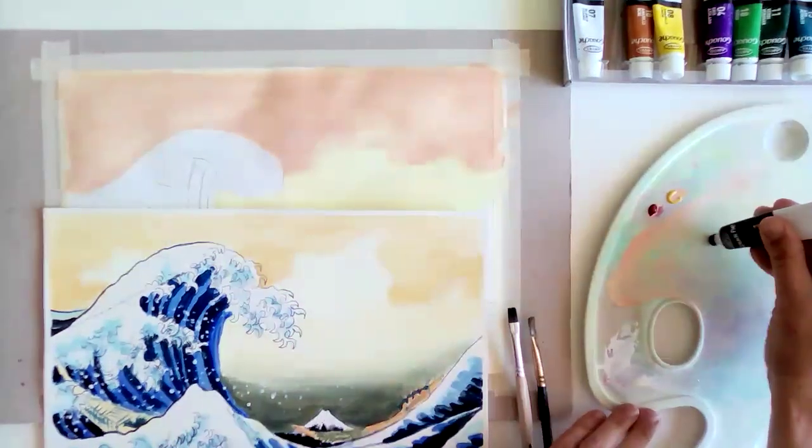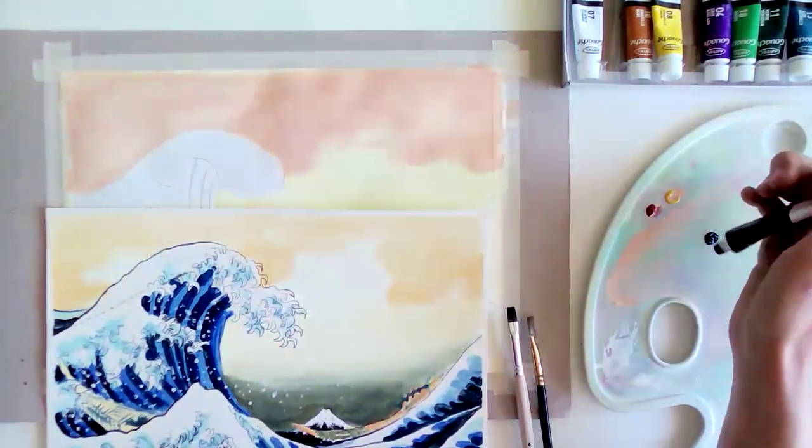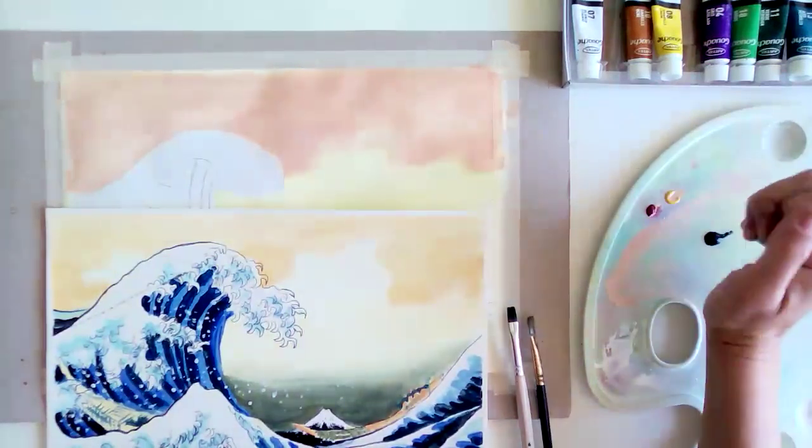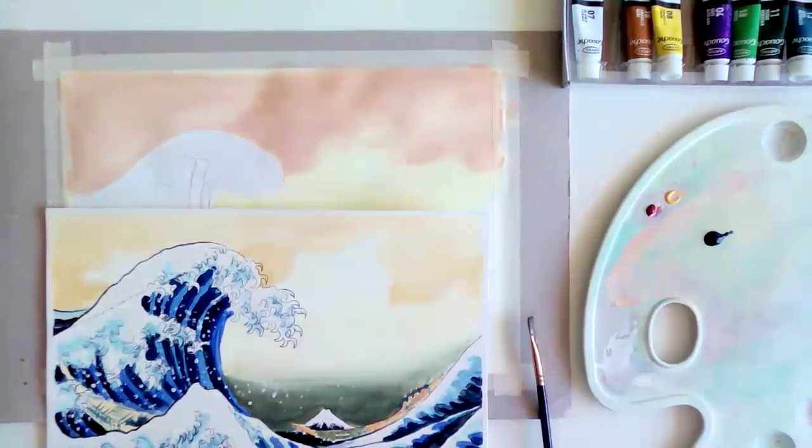And why I prefer this way, instead of taking two different ones, is that in this case it will be the same color pigment, because blues are so very different. We have ultramarine blue, cobalt, phthalo, all kinds of different blues, and they all have different pigment, how blue they are.